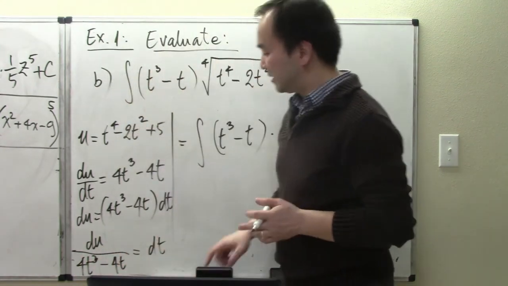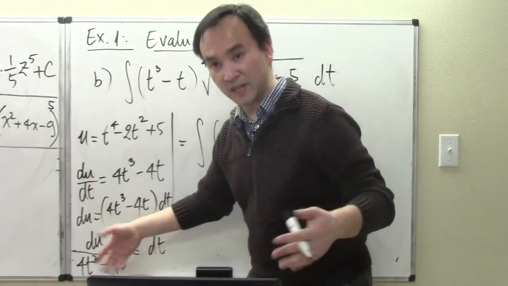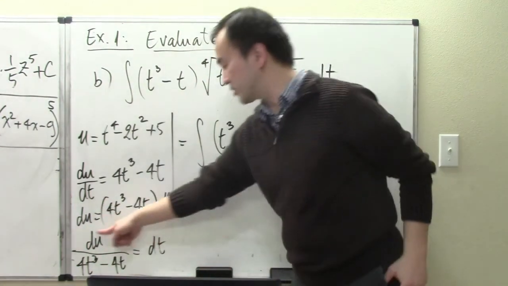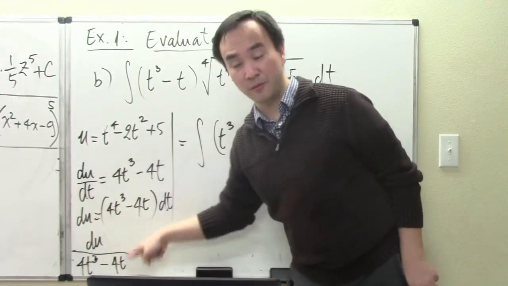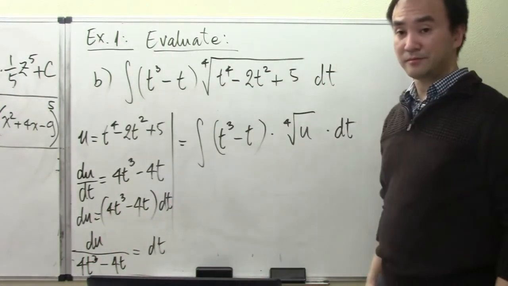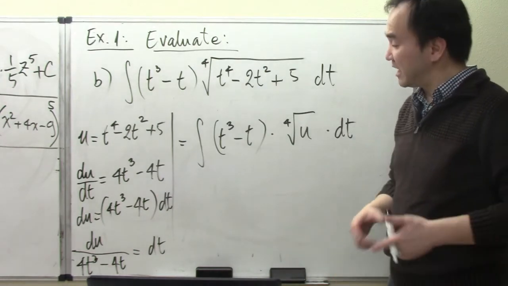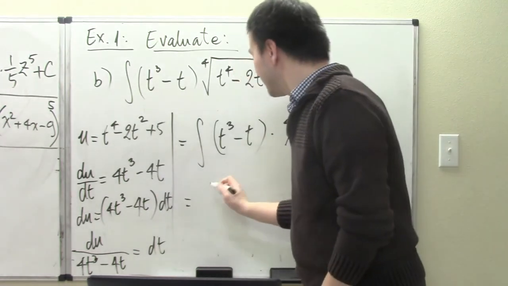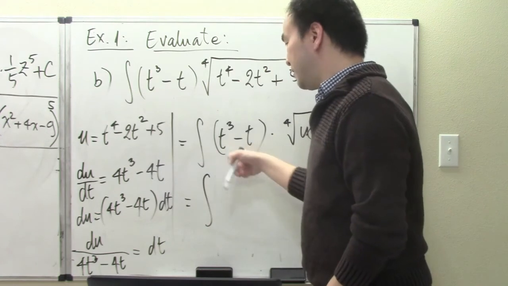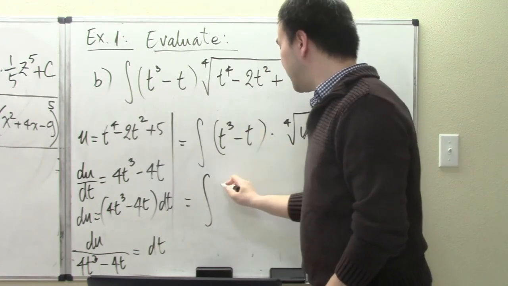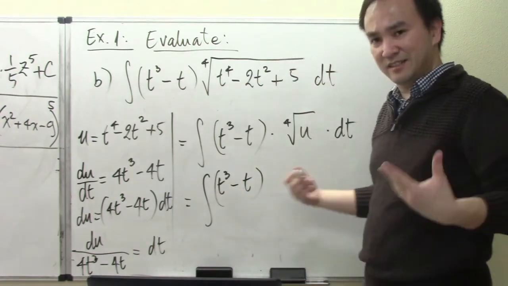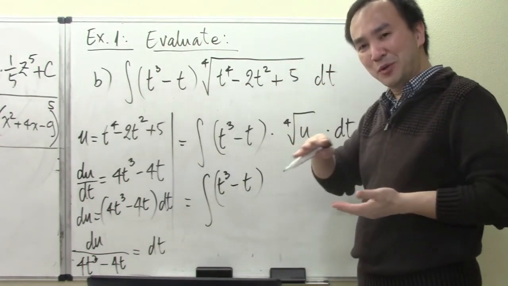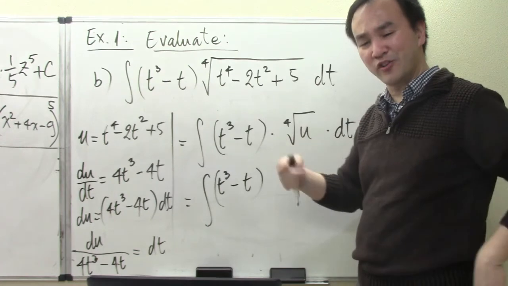And so at least now I've found some more substitutions. I can now substitute dt away with that expression, which now involves some du. So it's getting there. It keeps getting better. So now I still have not found any substitution for the t cubed minus t. But let's just leave it there. Be patient, because as I said, that question I put in step 2 where you check yourself, you can ask yourself that question multiple times.